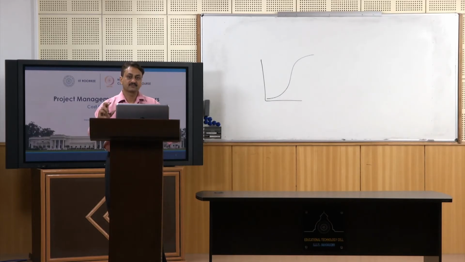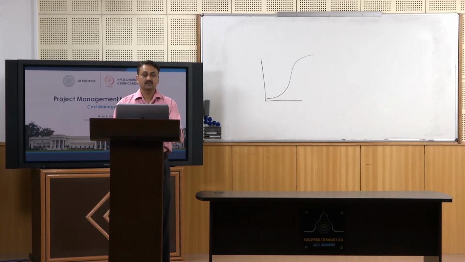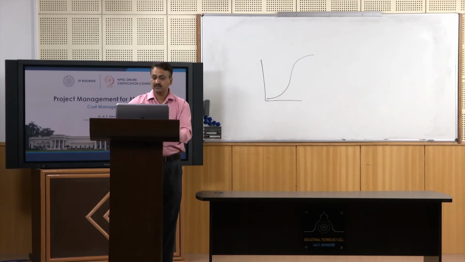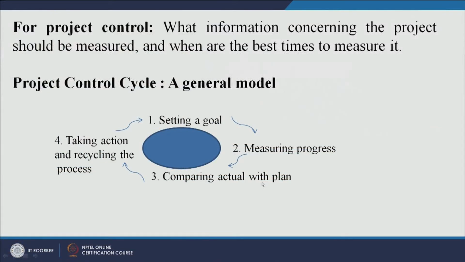let us say this much value to our stakeholders, and then measure those plans and policies which you have applied to achieve those goals. So, measure progress, compare with the actual plan, then only you will come to know where you are lacking, and finally take action and recycle the process.